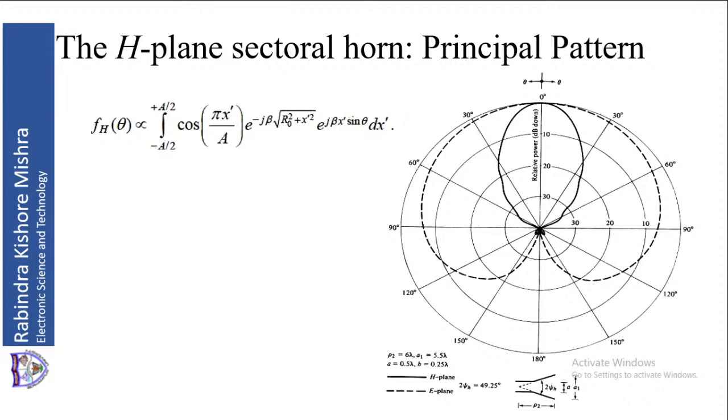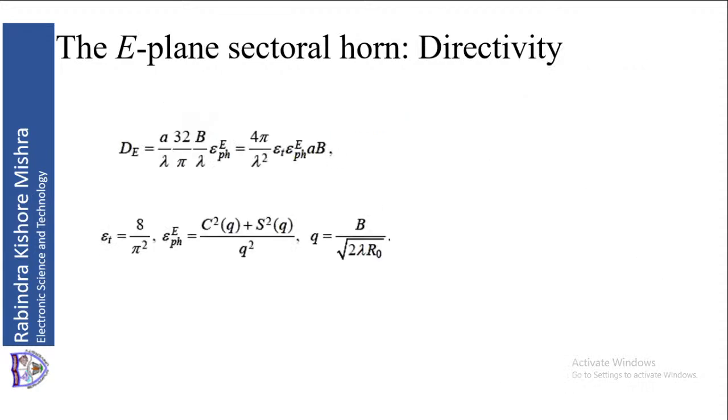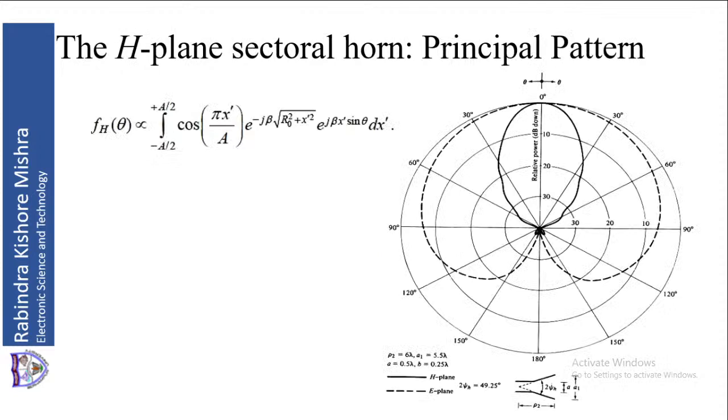This expression is an approximation for the H-plane pattern. This is the consequence of phase approximations made in R. Based on that, this approximation is given. And accurate values for this F can be found in the books. So don't worry about that. Look at the books, or you must have studied that. So this is about the H-plane sectoral horn.